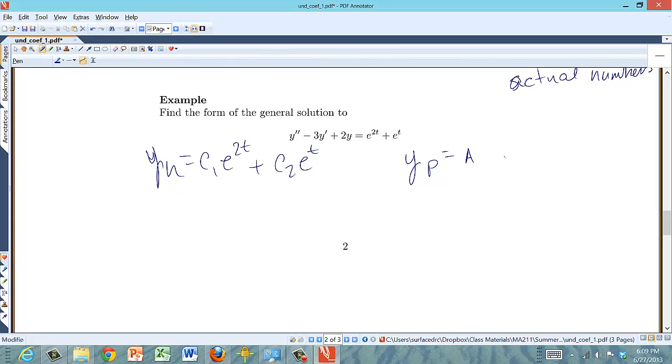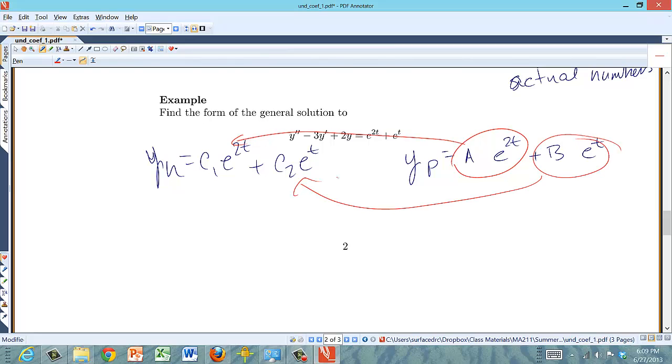So I'd write A e to the 2t plus B e to the t, and now look, both terms accidentally solve the homogeneous problem. So this term shows up right there, this term shows up right here.